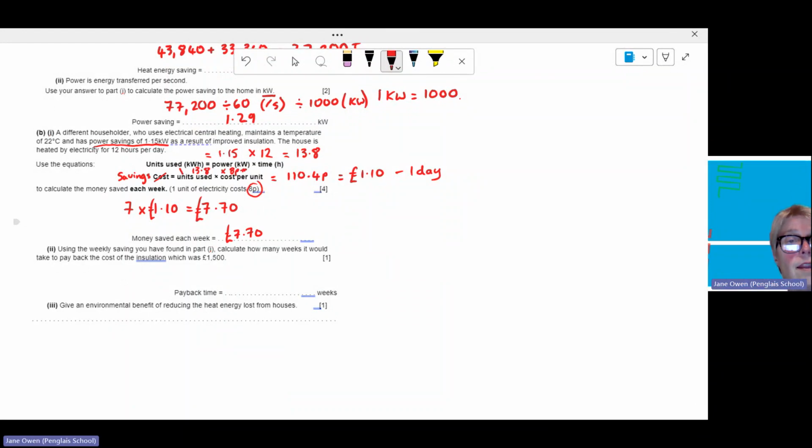And then, see, clever thing here, using the weekly saving. So this is the weekly saving that you've worked out in pounds. Calculate how many weeks it would take to pay back the cost of installation of the insulation. All right.